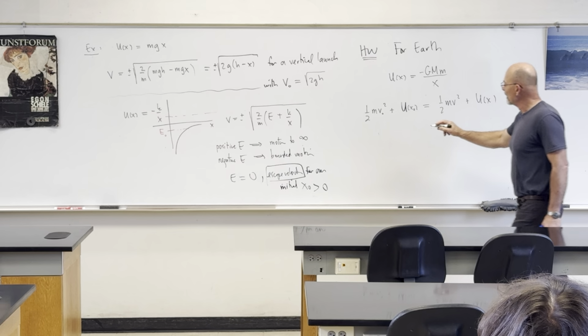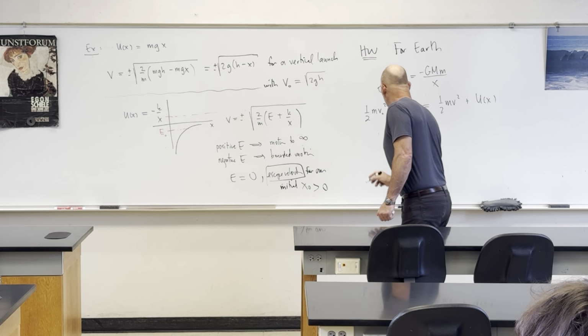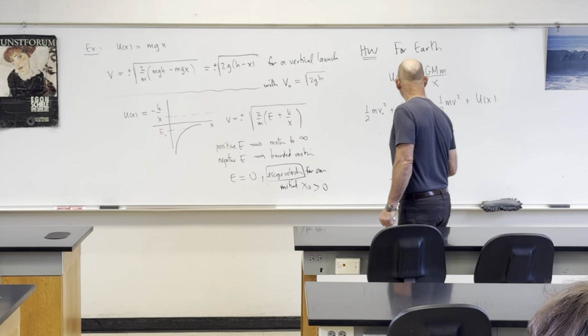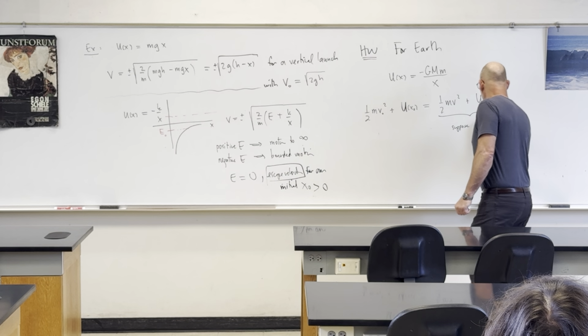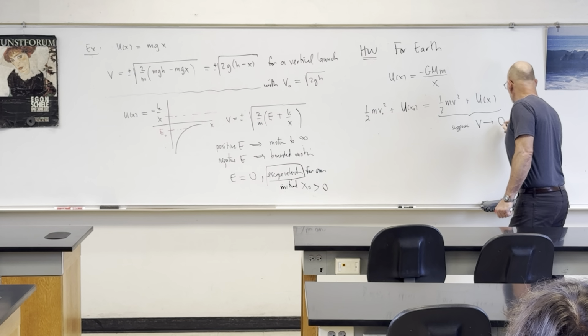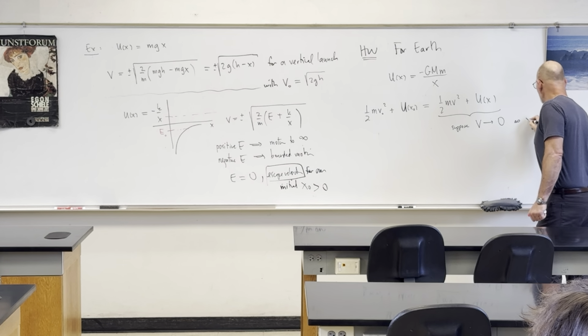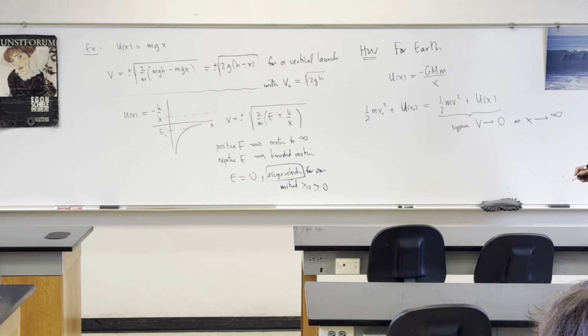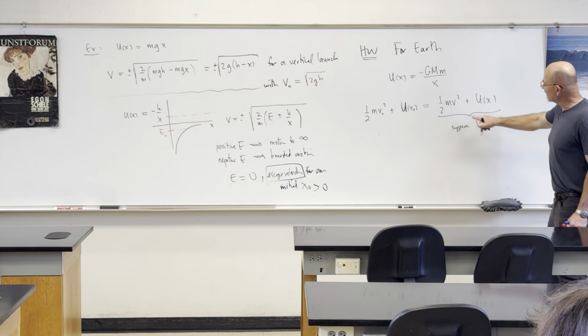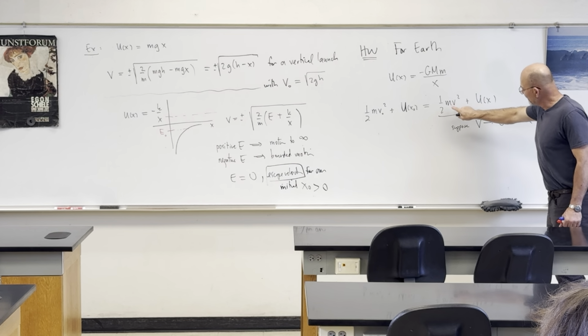So here, what we're going to have is, suppose v goes to 0 as x goes to infinity. V goes to 0 as x goes to infinity, this turns into a 0, and this turns into a 0, right?